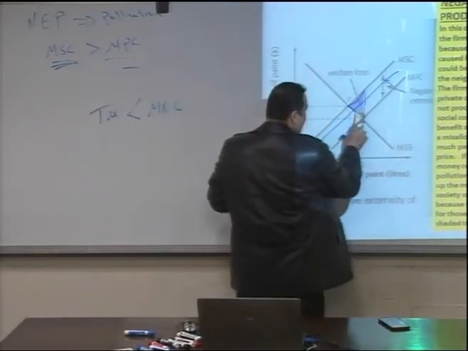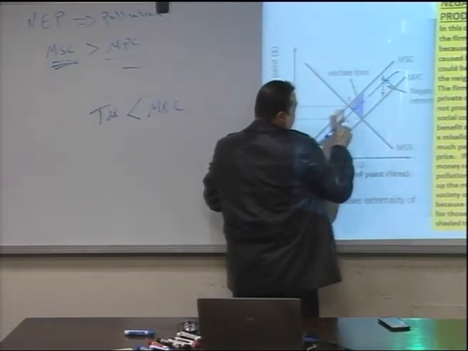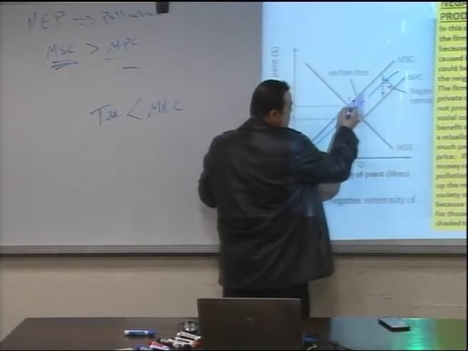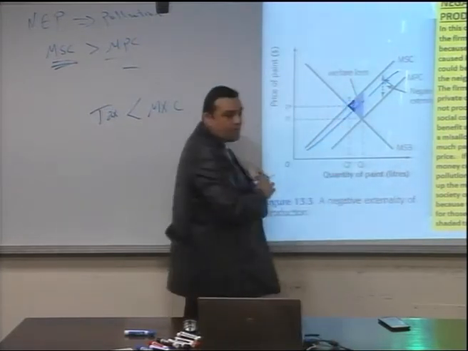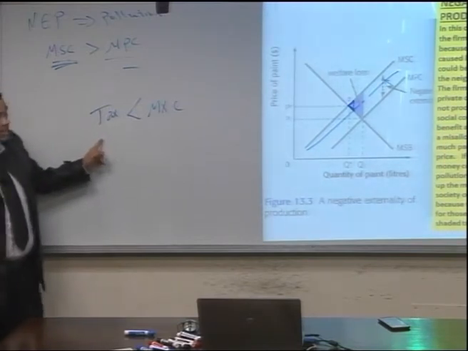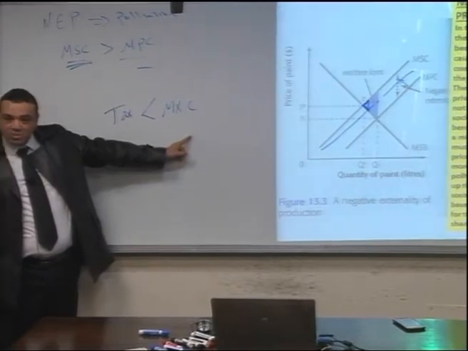Here we still have deadweight loss from this point to this point. So if the imposed tax is less than the marginal external cost, in this case we still have a deadweight loss.